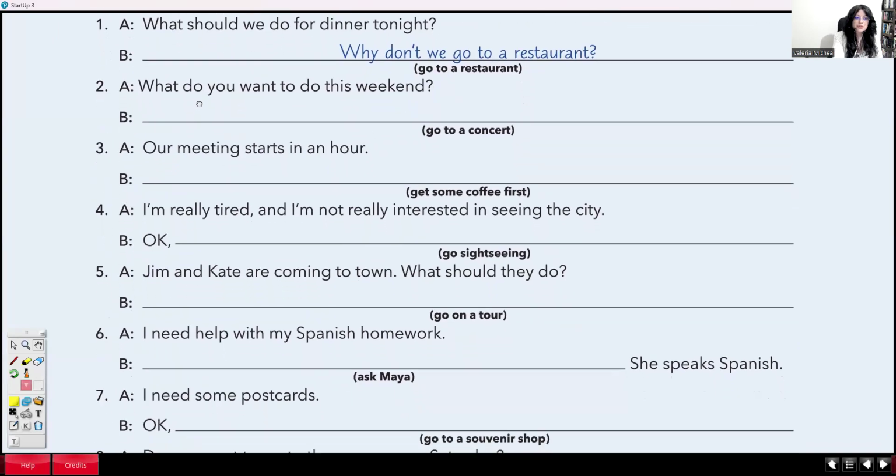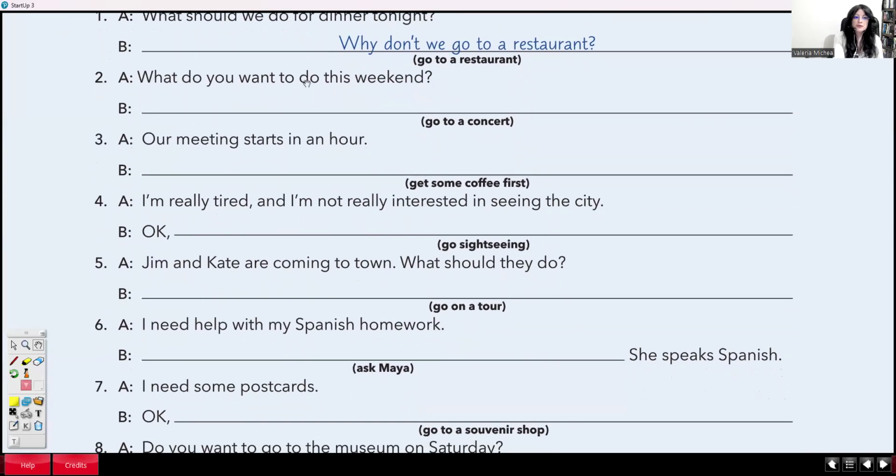Then we have 2 here. What do you want to do this weekend? And we have the concert. So, what is a possible answer here? Let's go to a concert. Yeah, very possible. Why don't we go to a concert also? Perfect.